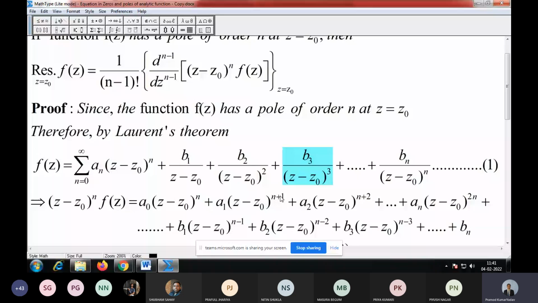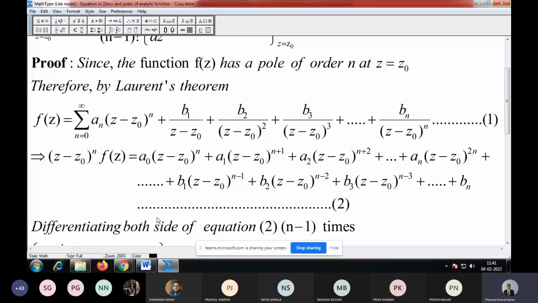It will give us (z minus z0) to the power n at every place, which is 0, then n plus 1, then n plus 2, and so on from this term. Then for the principal part we are multiplying by (z minus z0) to the power n, so it means b1 (z minus z0) to the power n minus 1, plus b2 (z minus z0) to the power n minus 2, and so on.